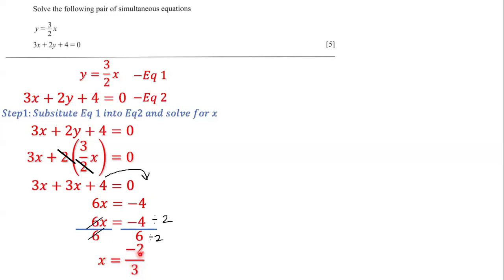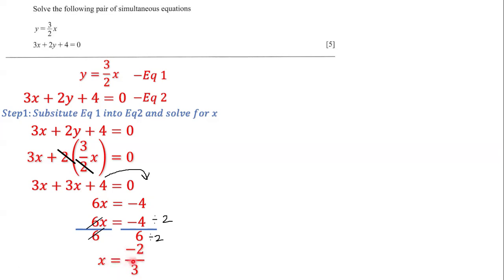Now you could divide negative 2 by 3, but that gives you a long repeating decimal, negative 0.66666 and continuing. We don't want to write that long decimal, so we just leave it as a fraction.